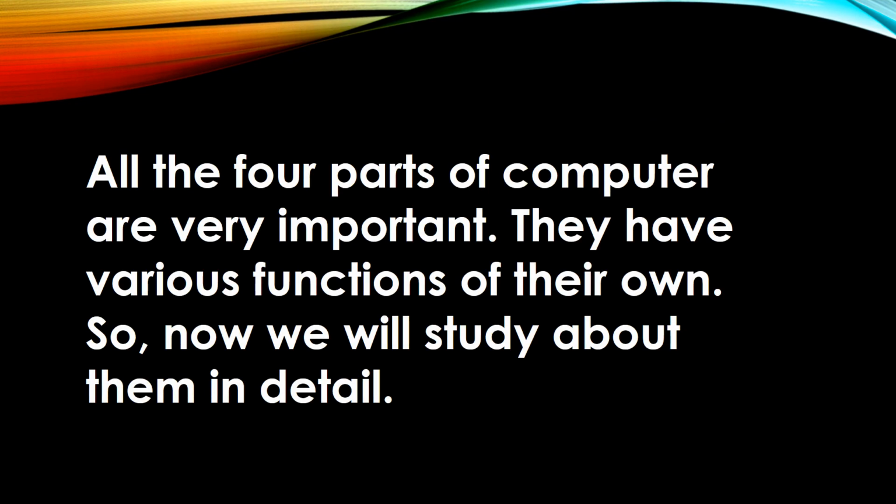They have various functions of their own. So, now we will study about them in detail. Each part has various functions of its own, and now we will study about those functions in detail.